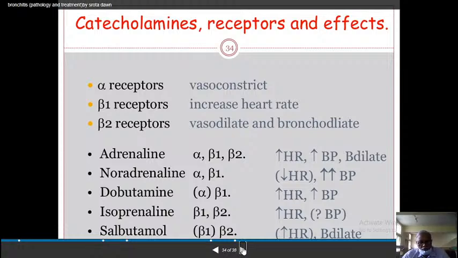Dopamine will act on alpha and beta-1, increasing heart rate and blood pressure. Isoprenaline acts on beta-1, beta-2, and it increases heart rate, and blood pressure may be normal or decreased. Salbutamol acts upon beta-1 slightly, beta-2 mostly, and increases the heart rate and dilates the bronchi and bronchioles.